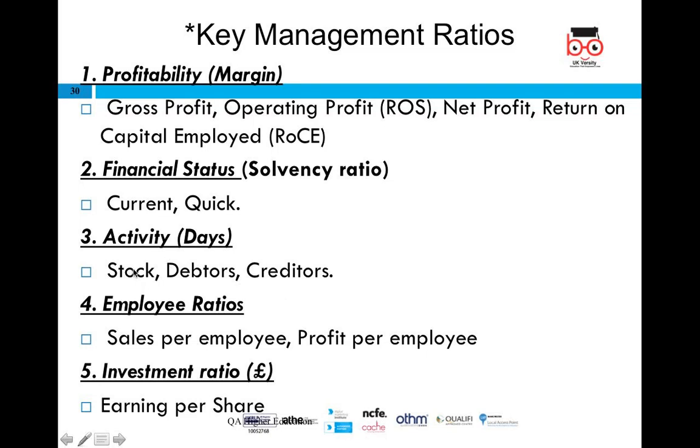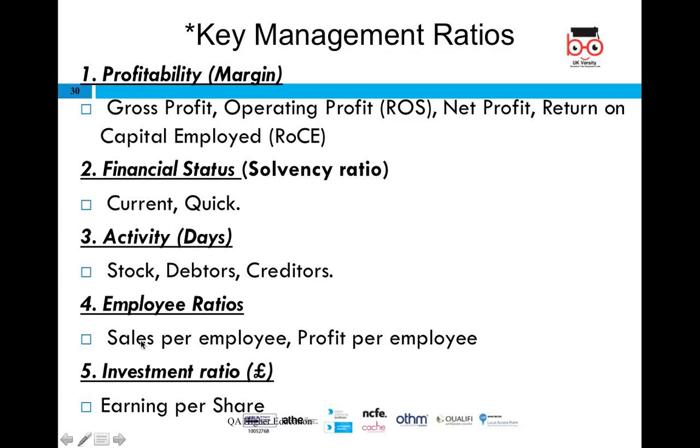So for example, stock days is how many days you hold your stock in your business, and then how many days you are expecting from the accounts receivable, that's the debtors time, and then how many days you take to pay your creditors, the creditors payable time. So that's the activity days.